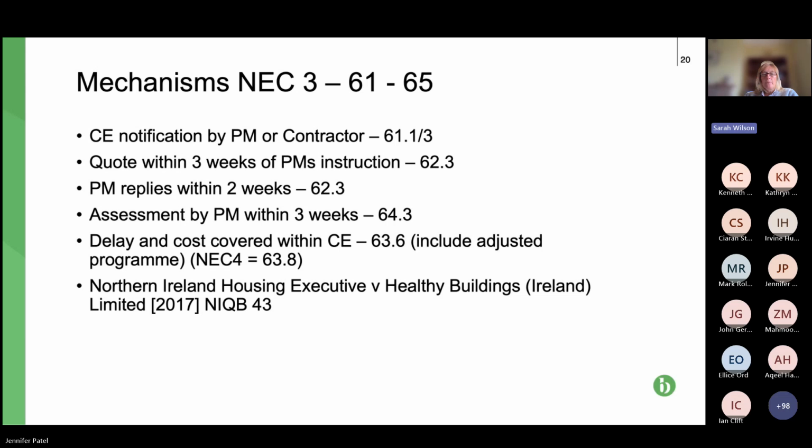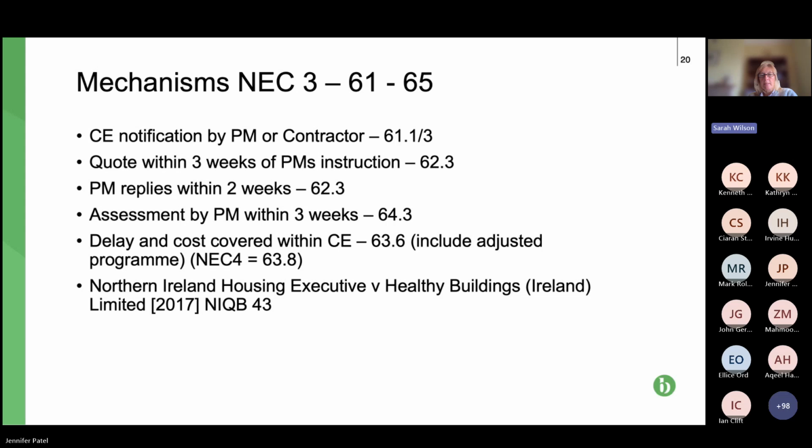Then the contractor has to submit a quote within 3 weeks of the project manager requiring it, and that's clause 62.3. The project manager then has to reply within 2 weeks as to whether they agree it, want the contractor to review it based on something different, or whether the project manager is going to make its own assessment, in which case, that latter point, the project manager then has a further 3 weeks to make the assessment.